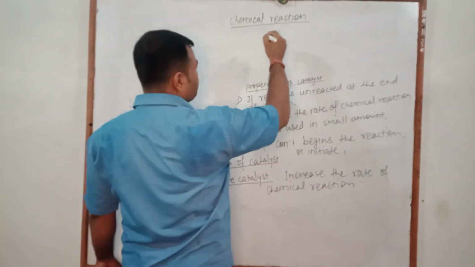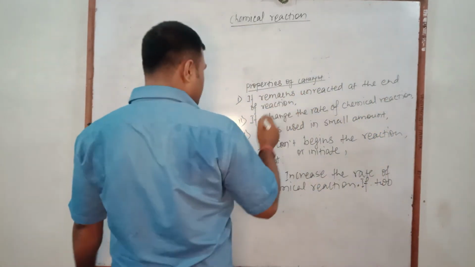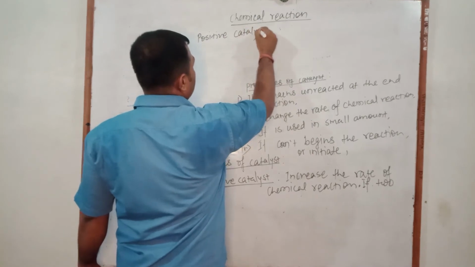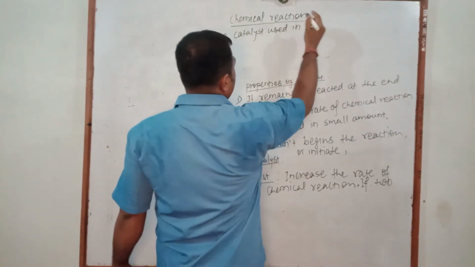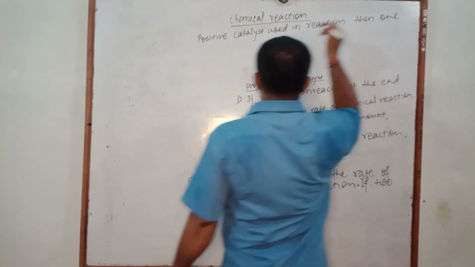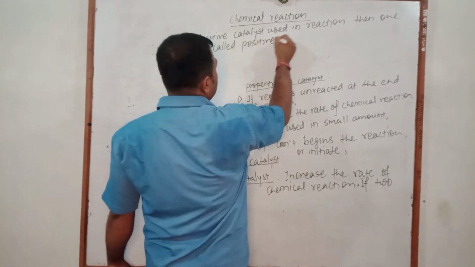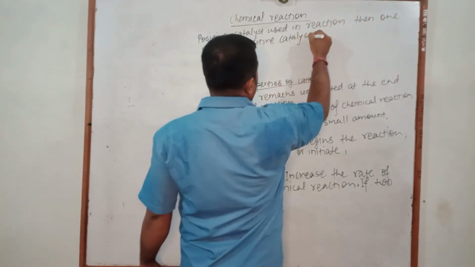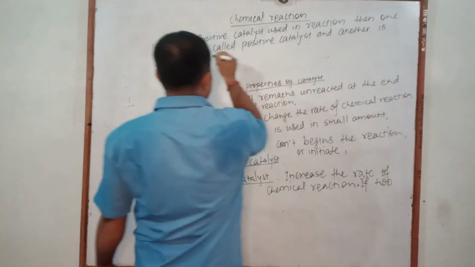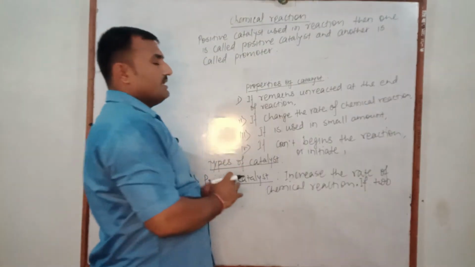Here we write: if two positive catalysts are used in a reaction, then one is called simply a positive catalyst and another is called a promoter.